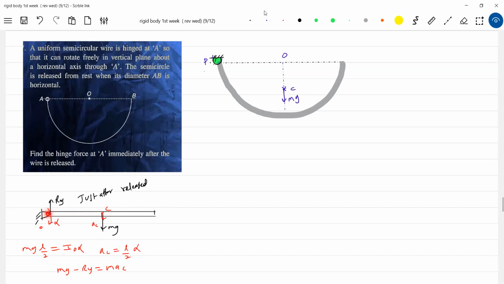Please check in notes, I think we have discussed it long back. Here, if I release this rod from rest, just after release, no reaction along the axis. If I give angular velocity and release, there'll be reaction. Here also, sir, released from rest, so there'll be only Ry.